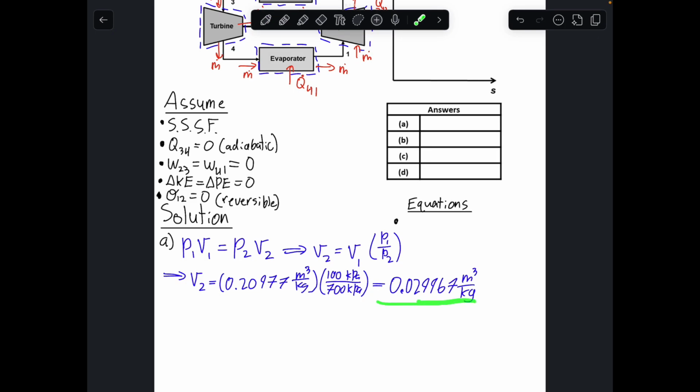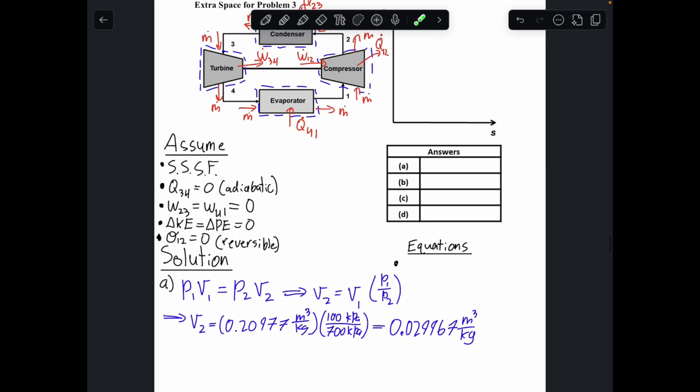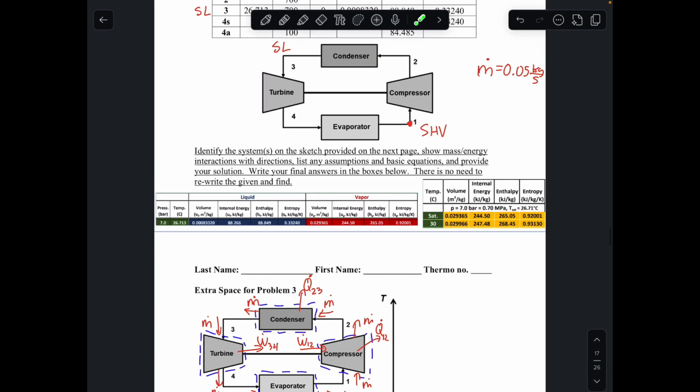So again, this is our specific volume at state 2, and we have our pressure at state 2, so we can use that information to find the temperature at state 2. If we scroll up and look at our saturation tables, these are our SLVM tables for R134A.